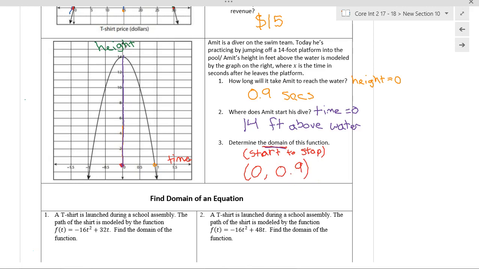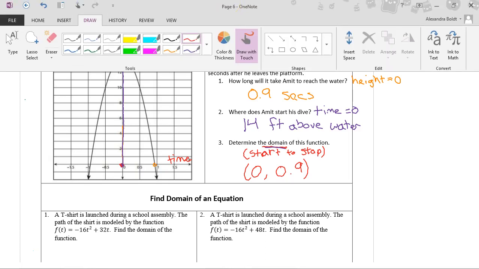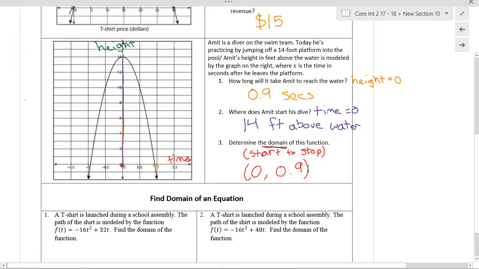We will pretty much always start for these ones at 0 because you can't think about what was happening -2 seconds before you started. You might have been doing something completely different. So we always start at 0 and go to when it lands, when it hits the water, whatever our context might be.